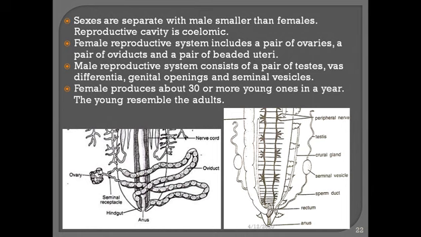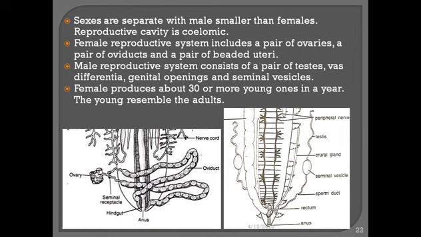And we have already discussed previously that the part of the body cavity which contains the reproductive gonads is coelomic in nature, that is lined with the mesoderm. So the coelomic cavity is restricted to that particular region. So sexes are separate, male and female individuals are there, and male is recognized from the female by a smaller size.